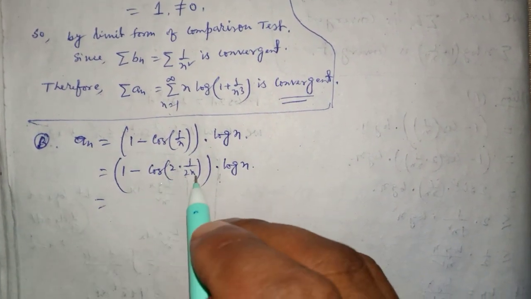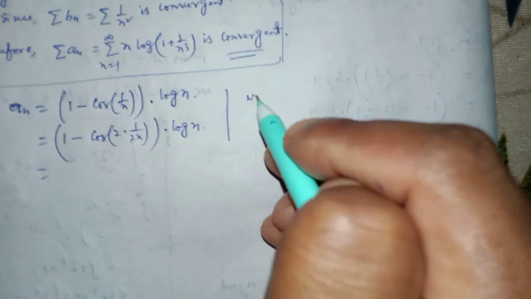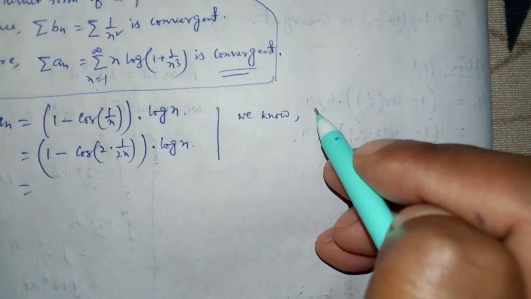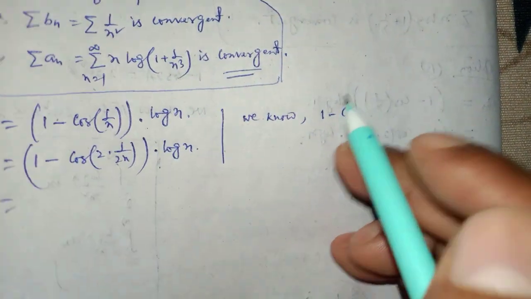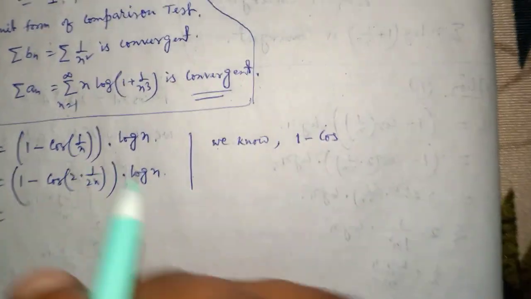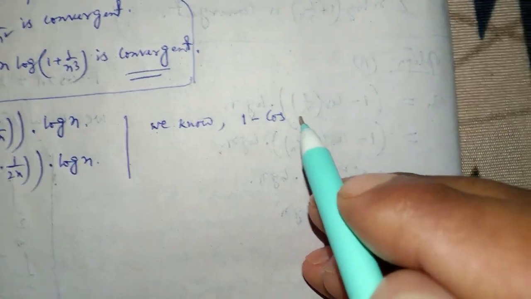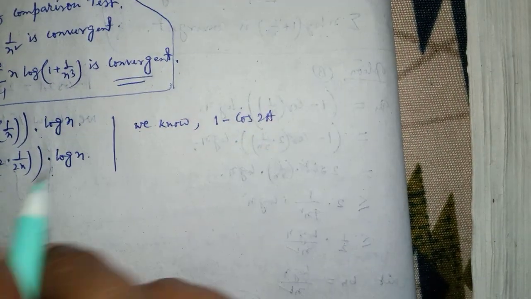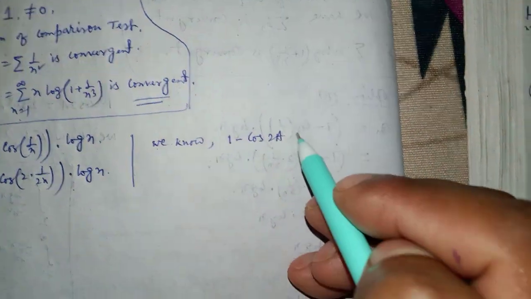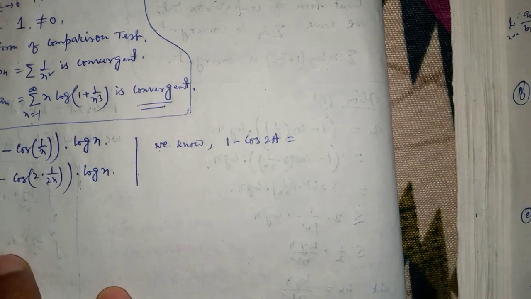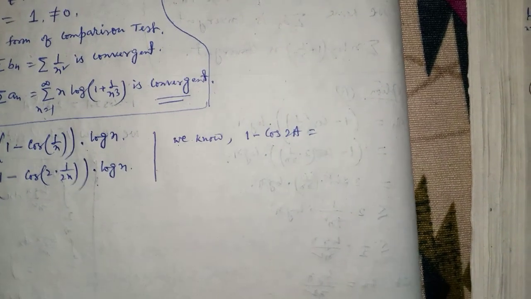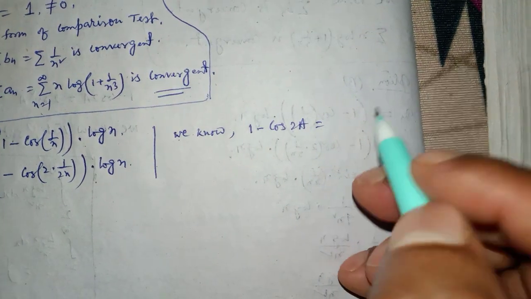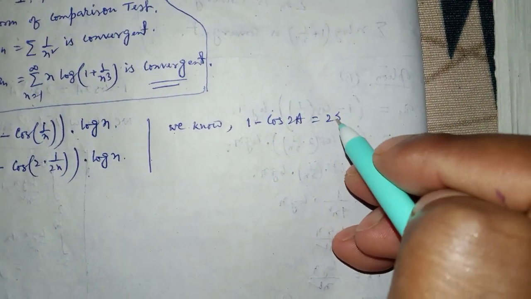1 minus cos 2a, we know from trigonometry, 1 minus cos 2a is equal to 2 sin square a.